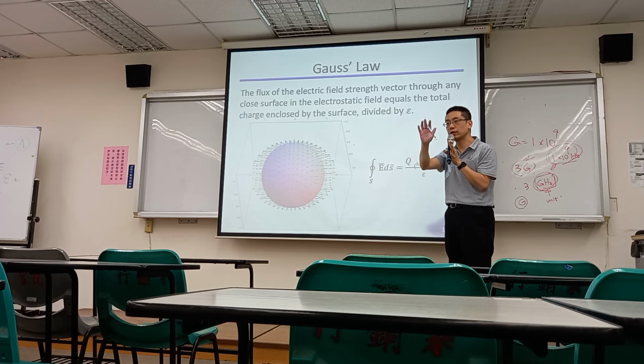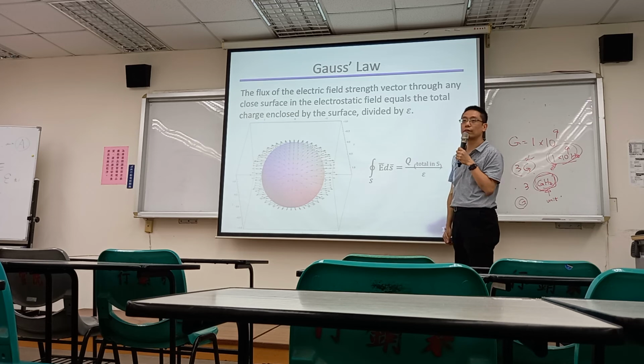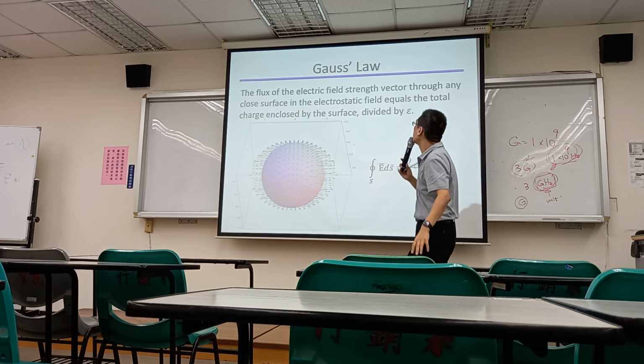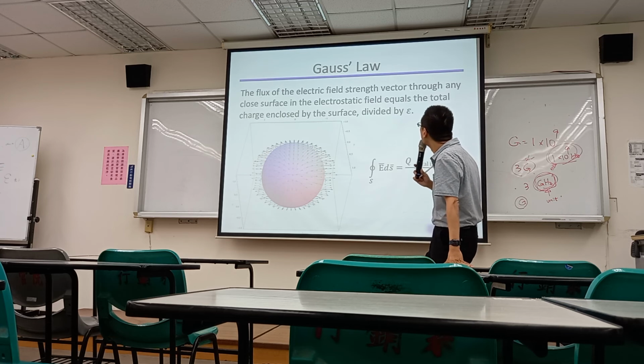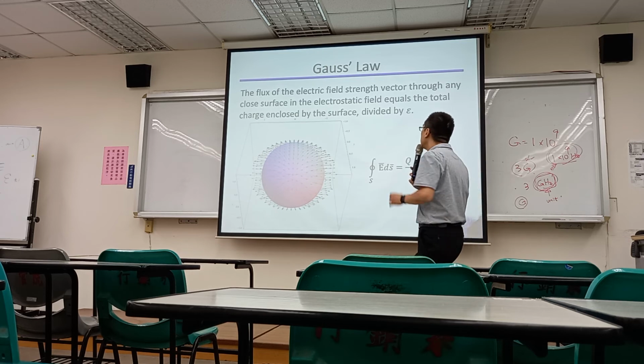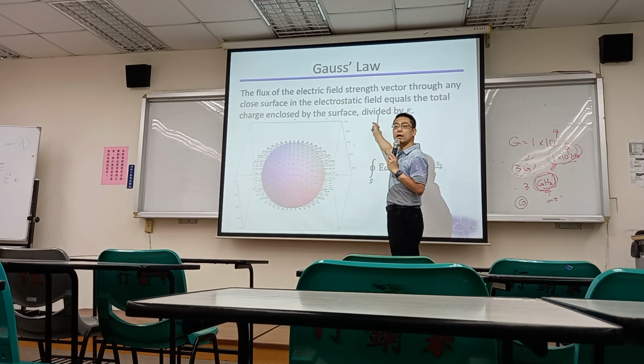If there is no charge in this space, this one will equal 0. This is Gauss's law. You can read that the flux of the electric field, the strength vector through any closed surface in the electrostatic field equals the total charge enclosed by the surface divided by epsilon. This is the sentence I copied from Wikipedia. This is from Wiki. This is Gauss's law.